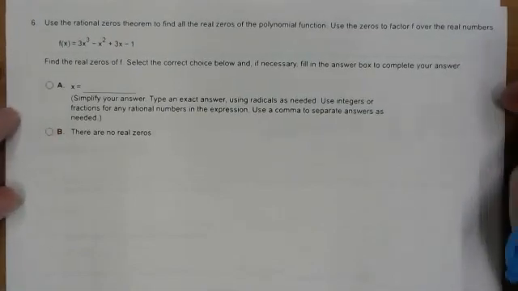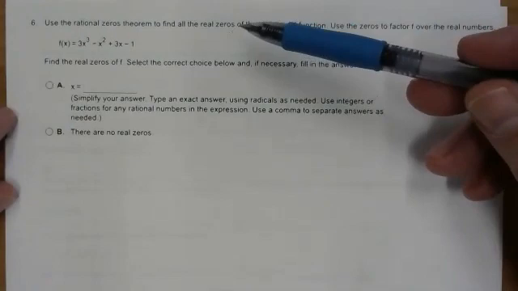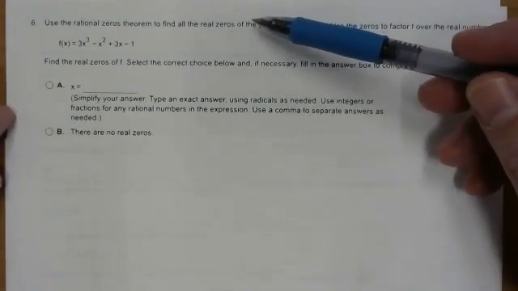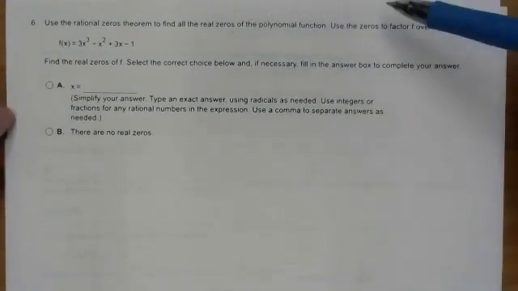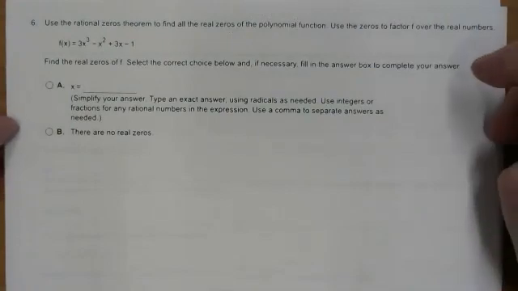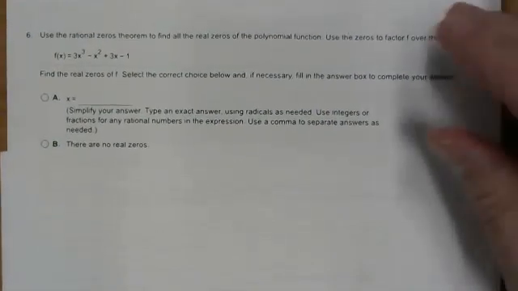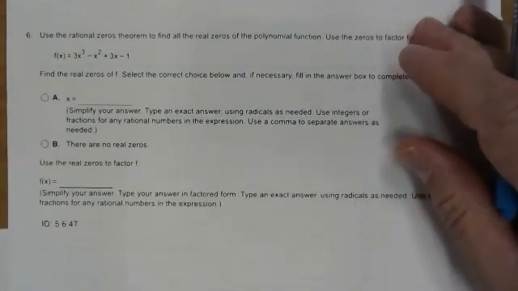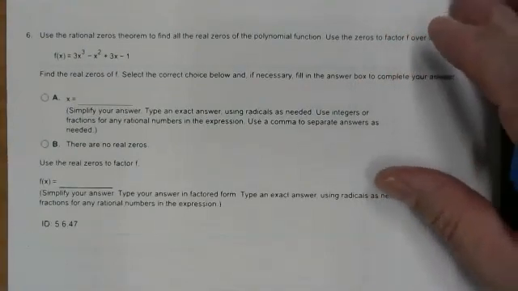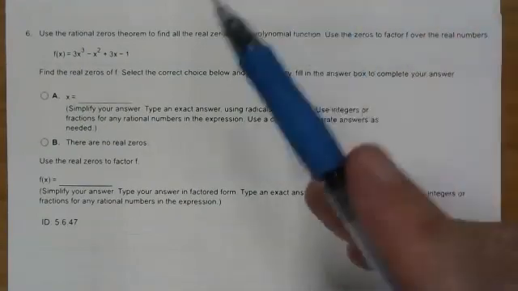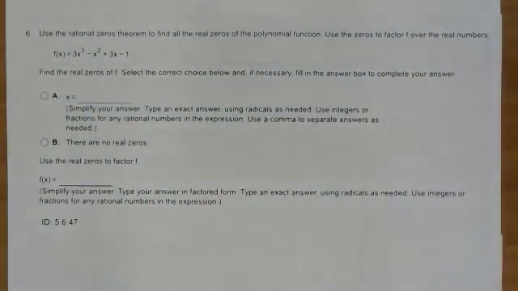All right, number 6, use the rational zeros theorem to find all real zeros of a function. Sometimes these problems can be pretty difficult, but thankfully this one actually factors, and what we call it is factor by grouping.